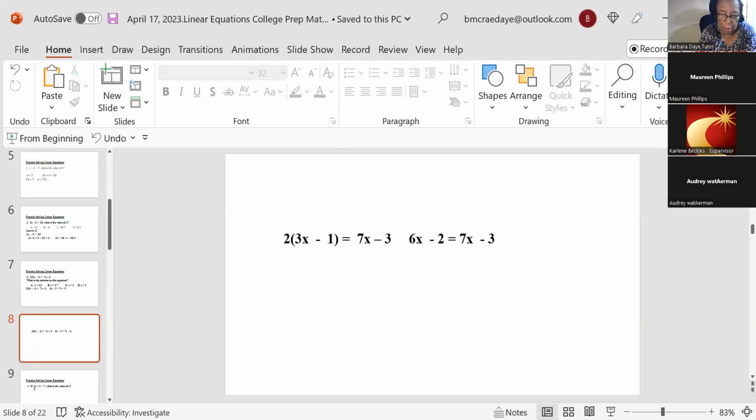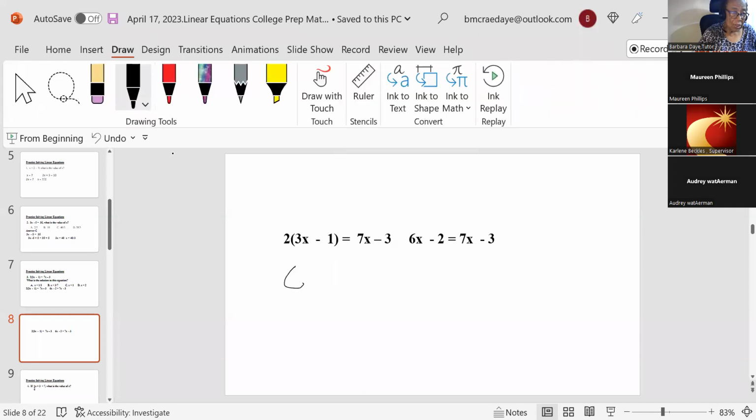So this will be 6x minus 2 equals 7x minus 3. So you say subtract 7x from both sides. Audrey, that's exactly what you should be doing.